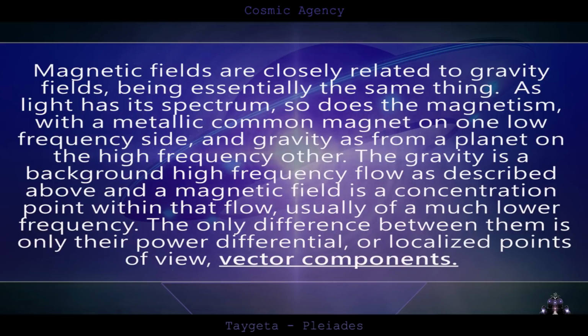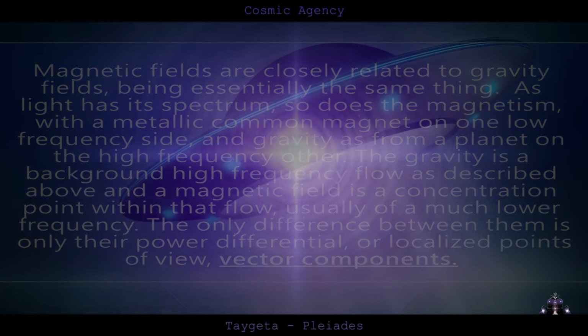The gravity is a background high-frequency flow as described above, and the magnetic field is a concentration point within that flow, usually of a much lower frequency. The only difference between them is only their power differential, or localized points of view, vector components.